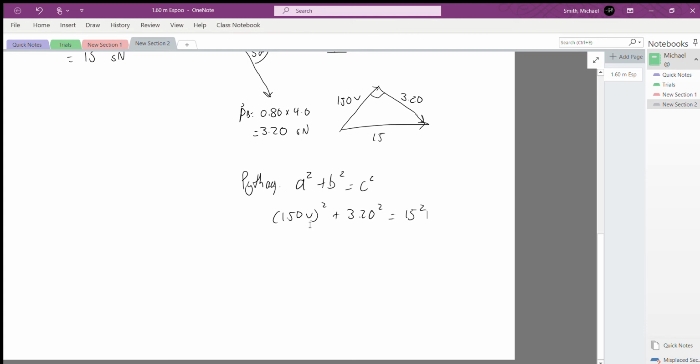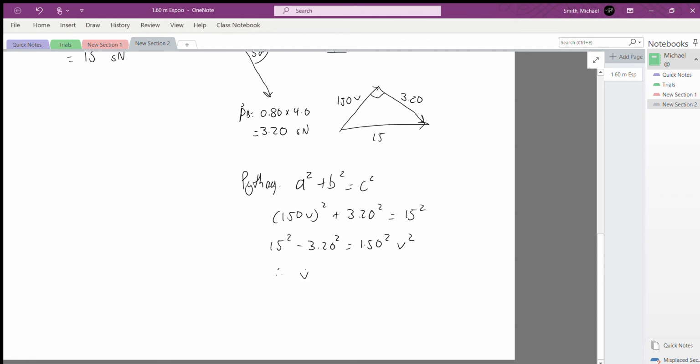Now we can work out v just by rearranging this to get v on its own. So first we'll subtract the 3.2 squared from 15 squared, and that'll be equal to 1.5 squared multiplied by v squared.